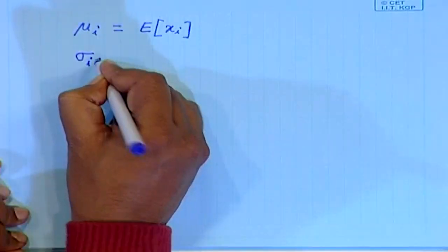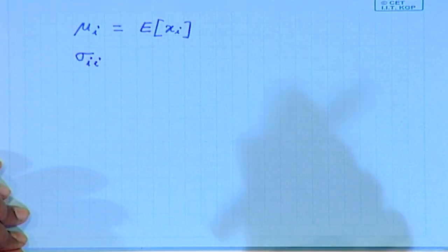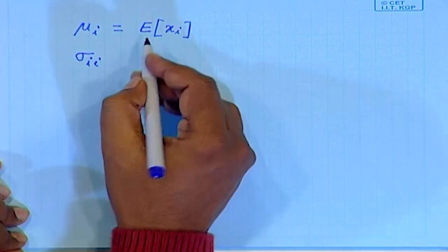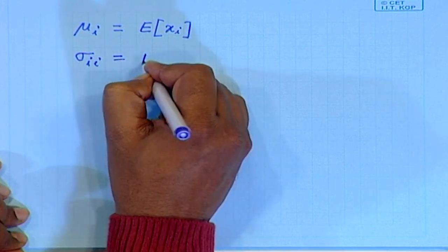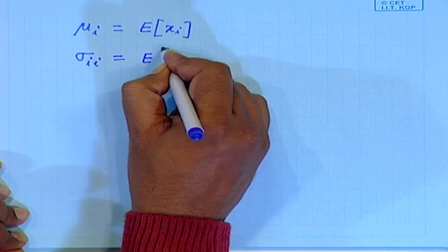Similarly, sigma ii is the ith component in my covariance matrix, capital sigma.